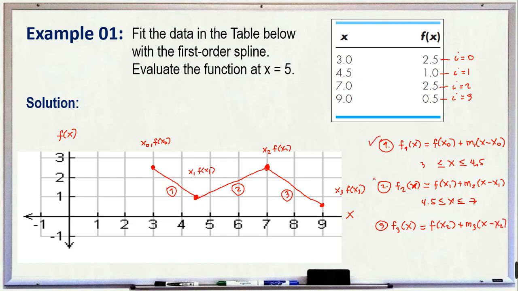So these three are what we will solve, because we haven't put the values there. And then, this line 3 is on the interval 7 less than or equal to x less than or equal to 9.